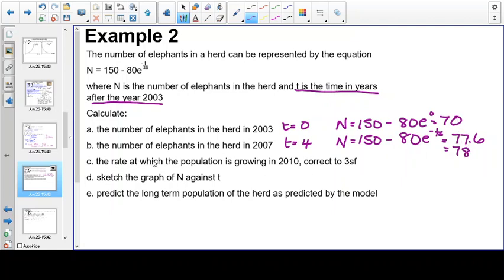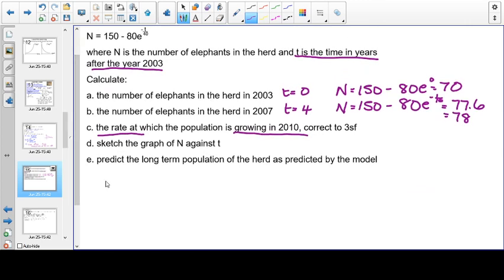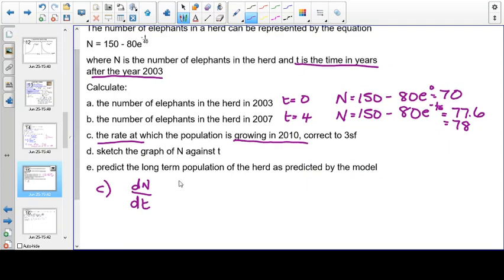What is the rate at which the population is growing in 2010? So again, we're now asked for the rate of growth. So we are going to need to differentiate. So for C, we're going to do dn by dt. So derivative of 150 is nothing.